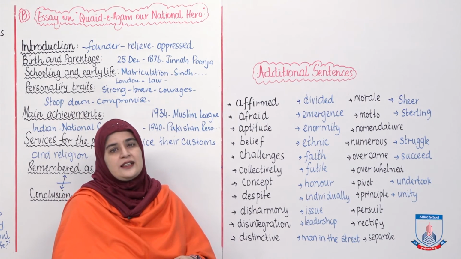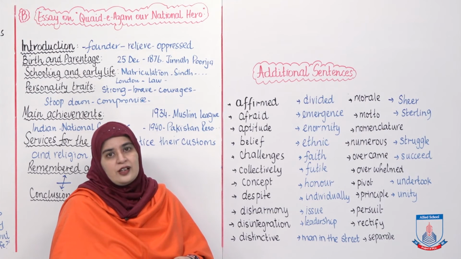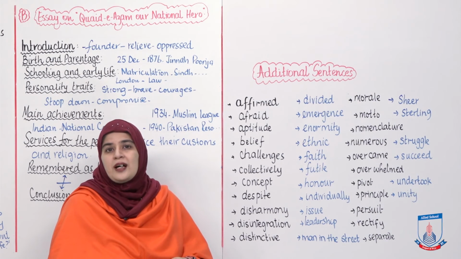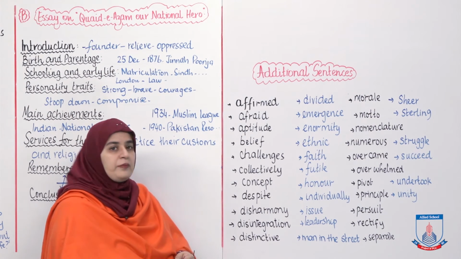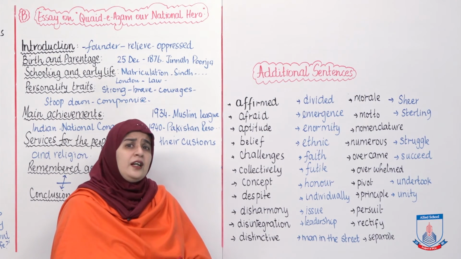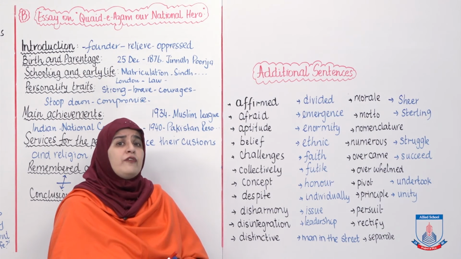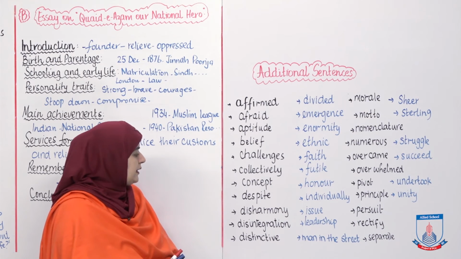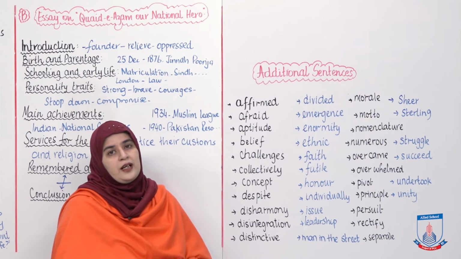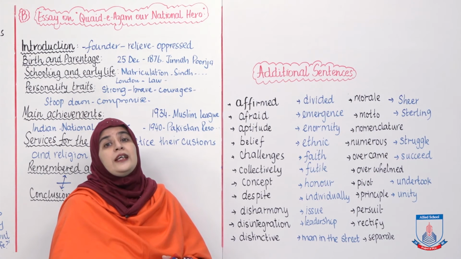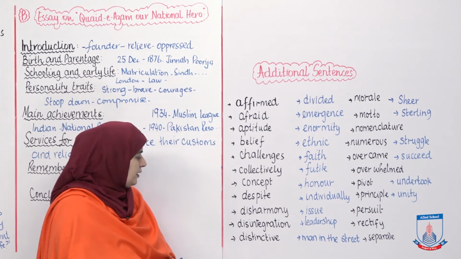Despite his continuous effort, he failed to score maximum marks in his math test. Disharmony: media can cause disharmony by giving false news. Disintegration: Mustafa Kamal Pasha protected Turkey from getting disintegrated.